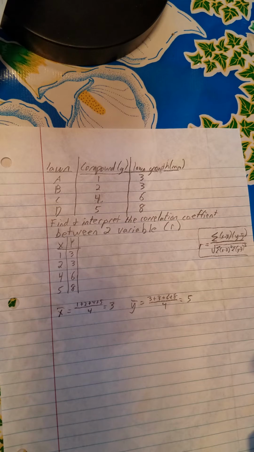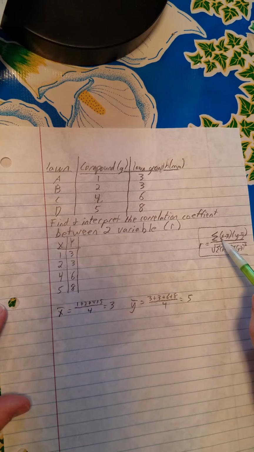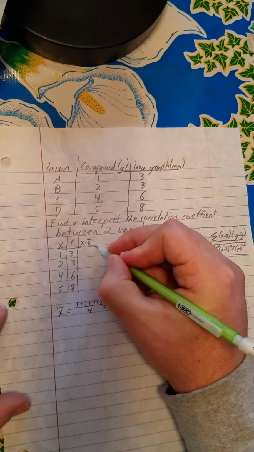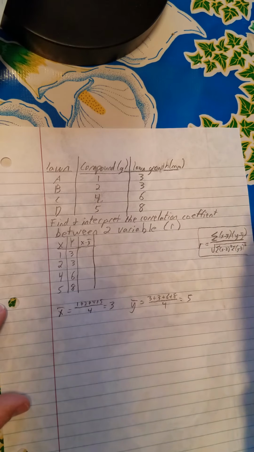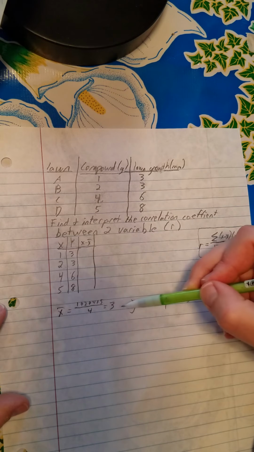All right, now that we've found the mean of both x and y, we can go back to our chart. Looking at the chart, the first thing we should do is subtract the x's. So x minus the mean of x. Similar to the standard deviation, we want to subtract all of these numbers from 3.